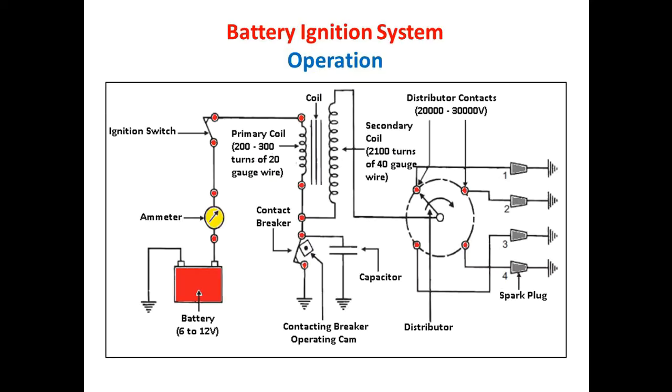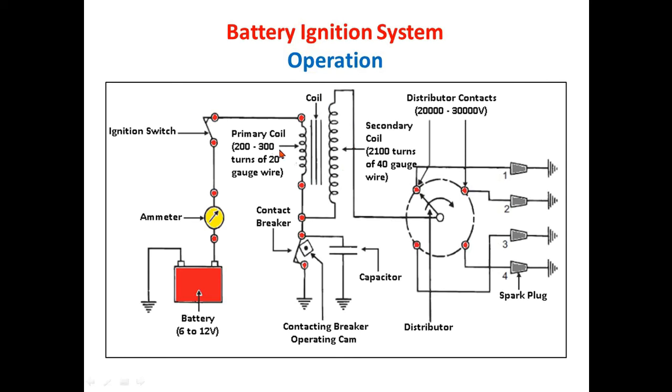In the last session we have seen that there are certain basic components of the battery ignition system. The very first one is the battery, which is generally of 6 to 12 volts. Then we have the ignition switch, which will turn on or turn off the ignition system of an SI engine.